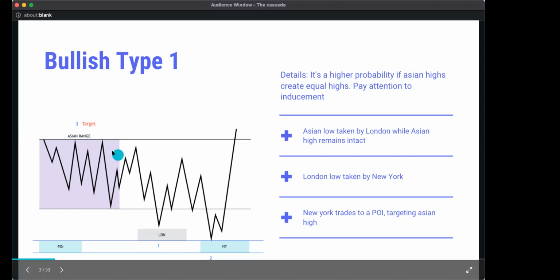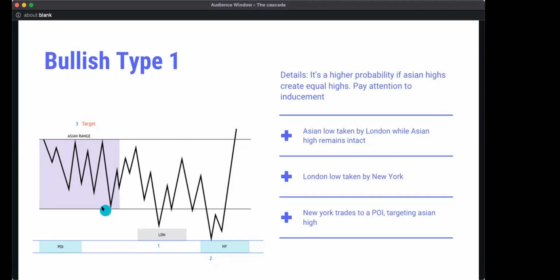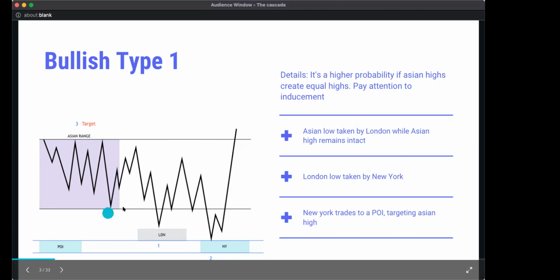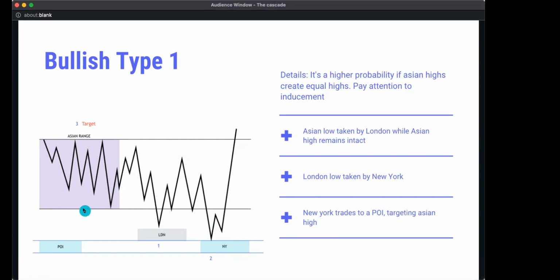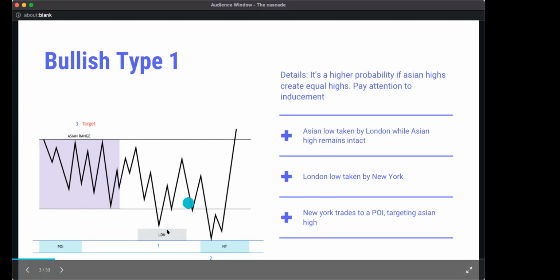So here's the purple box, the lows, the highs, equal highs, right? So we see the low of Asian. We get some Frankfurt pulled back into London, taking out the Asian low. And then from London, we get another pullback into the New York low. So the easiest way to look at this is a stop hunt of the Asian range, a stop hunt of the London low, and then a stop hunt of the London low into the New York into a POI.